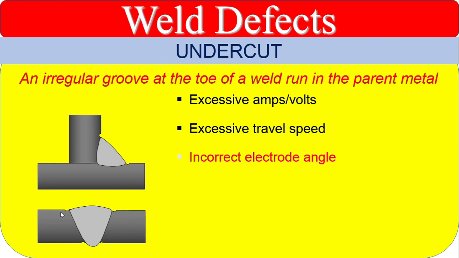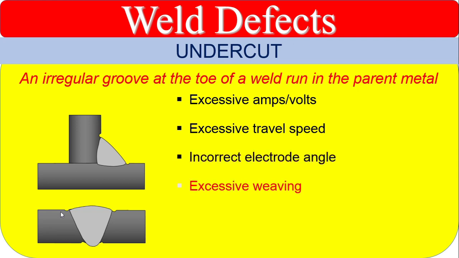Whatever is mentioned in the WPS, you have to follow, because the WPS is created through the PQR. So what is the correct electrode angle? You can also find it from the manufacturer's recommendation.